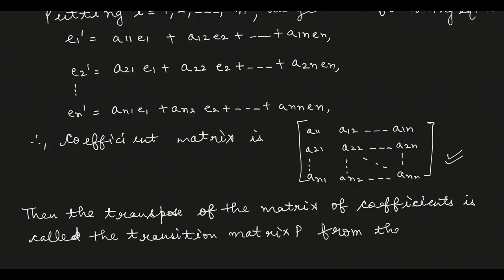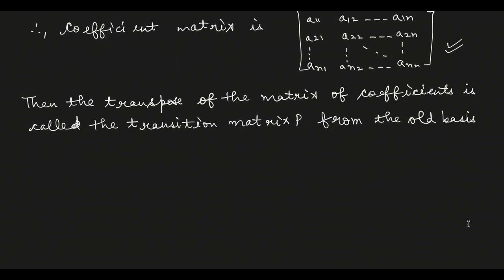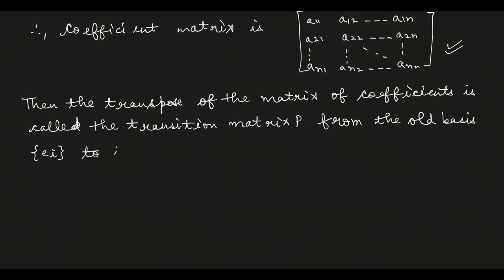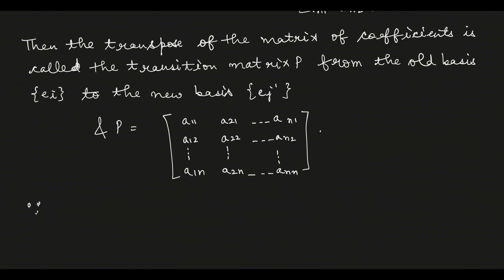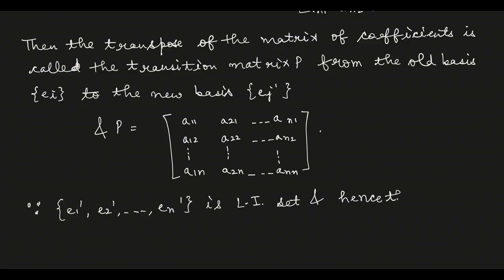From the old basis to the new basis, so as E1 dash, E2 dash, and so on till En dash is a linearly independent set because it was the basis now, and hence the inverse of matrix P exists.